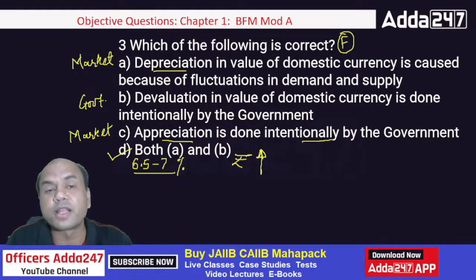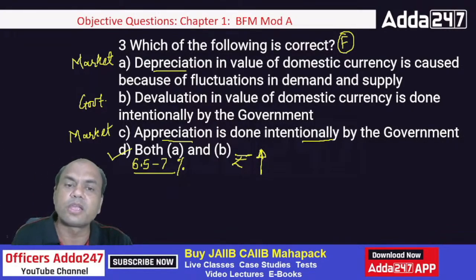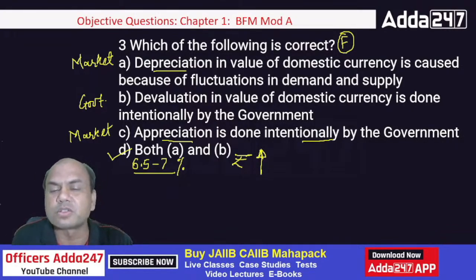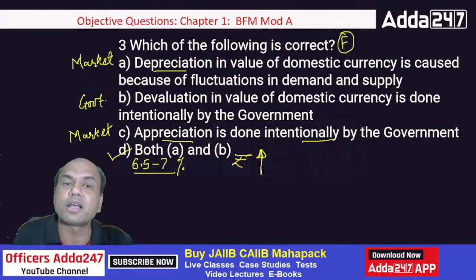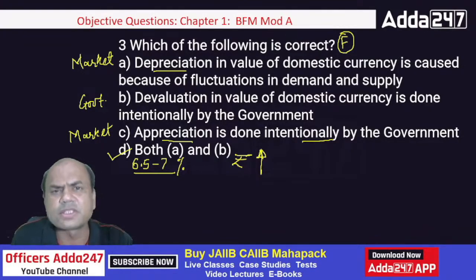India is the 5th largest economy. We are moving. Just a few days back, our Prime Minister said we'll be the 3rd largest economy in the next 2-3 years. We should always discuss the top 5 countries in the world. If we start growing at 6.5 to 7% in the coming years, our rupee will appreciate. Why? Because of the other countries. Do you know the names of the other 4 countries?